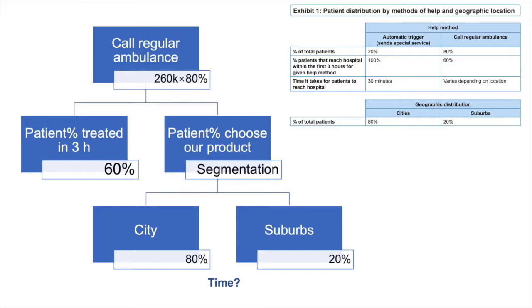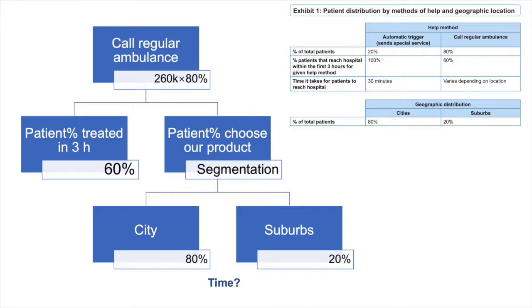I see. But for suburbs, besides these minutes, there's an extra 8 minutes one way from the suburb to the hospital. So it's actually 20 minutes one way. And when we calculate the time, you're saying one way, so the ambulance has to drive from the hospital to the patient's home and then drive back. So we have to double the time, right?